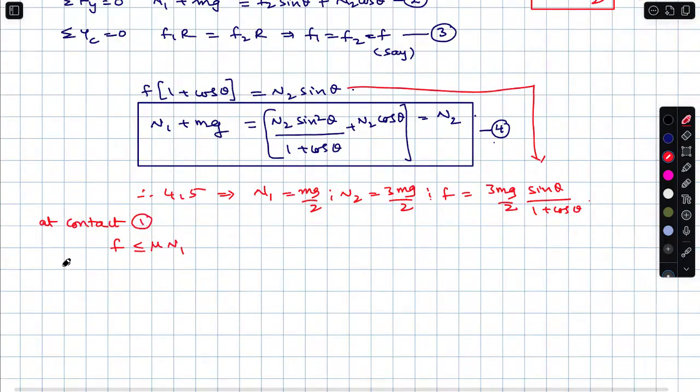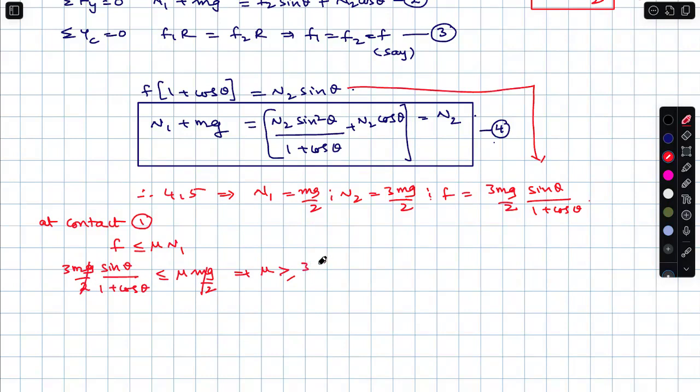So therefore 3mg/2 times sin theta by 1 plus cos theta is less than or equal to mu mg/2, which means mu is greater than or equal to 3 sin theta by 1 plus cos theta, keeping in view contact 1. Now moving to contact 2. At contact 2, F is less than or equal to mu N2.